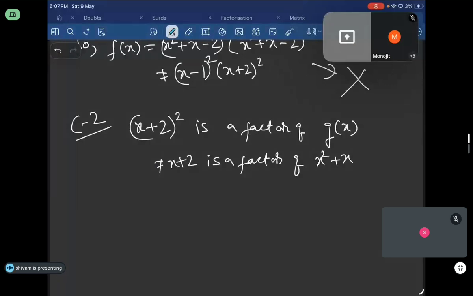This implies minus 2 whole square plus minus 2 minus b equal to 0. This implies b should be equal to 2. Right? Tell me everyone. b should be equal to 2.